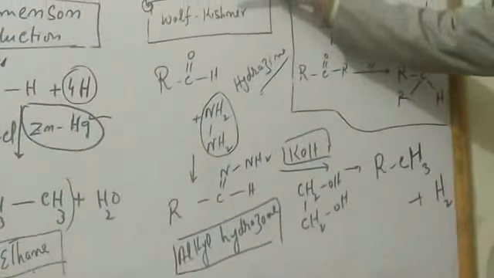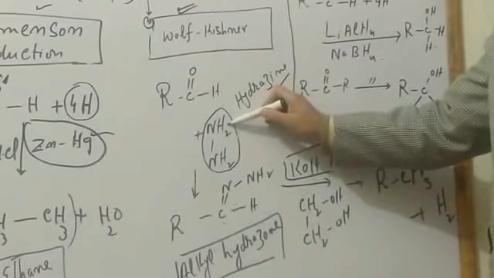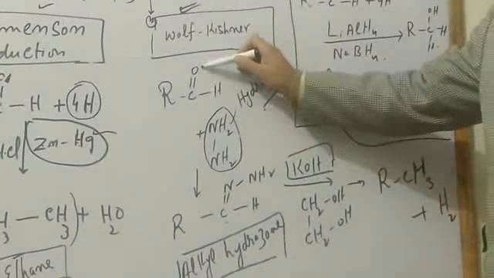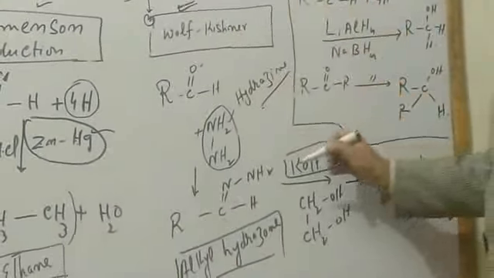In Wolff-Kishner reduction, hydrazine is used as the reducing agent. Two hydrogens are utilized from here to remove this oxygen and give you water. This nitrogen becomes attached with this carbon with a double bond, and here you get this compound.